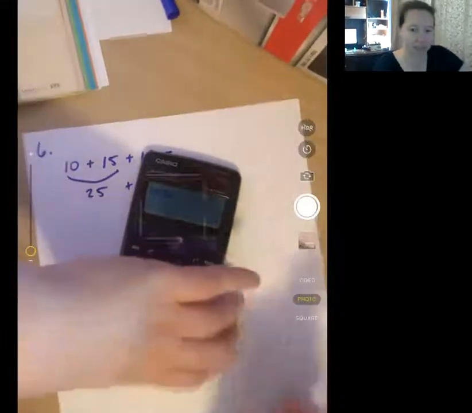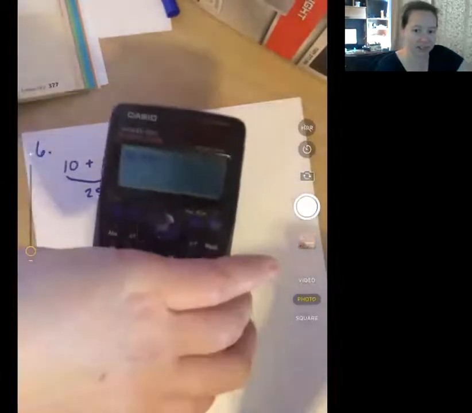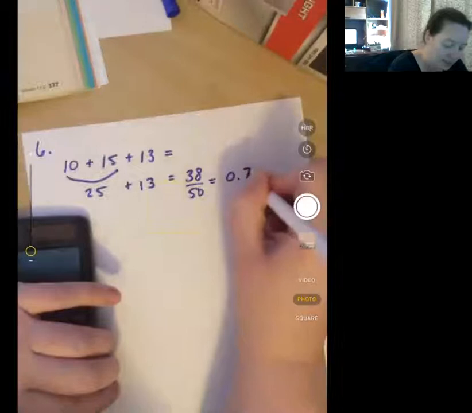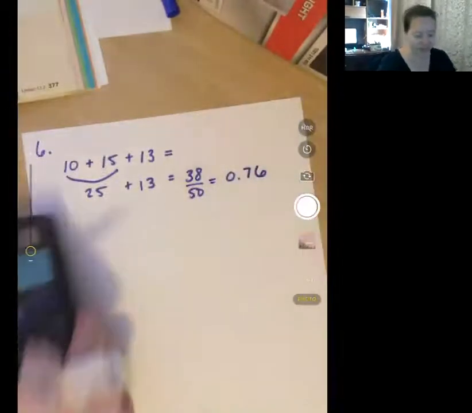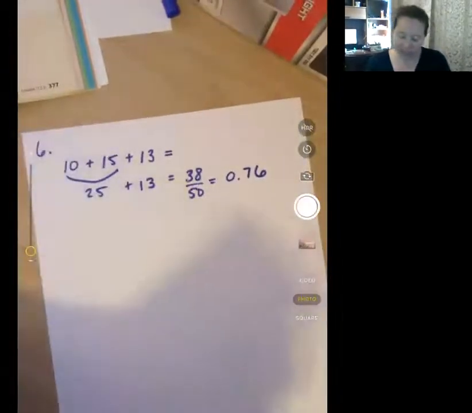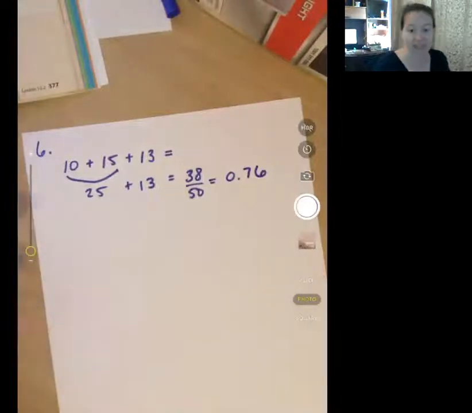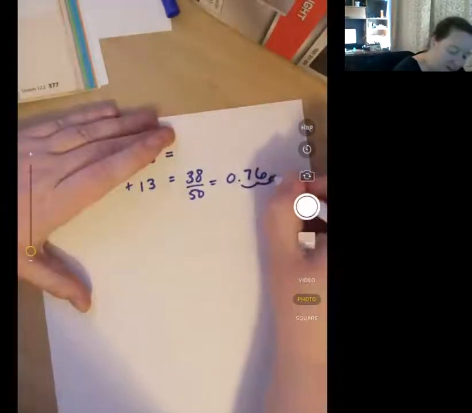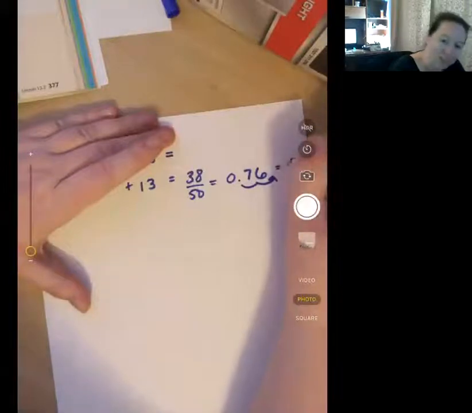My decimal is, if you can see it, 0.76. So that is our probability. It's 0.76. Or we can change it so it is a percentage of 76%.